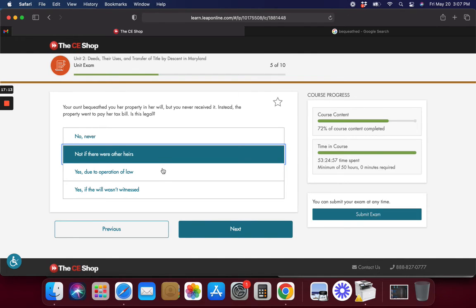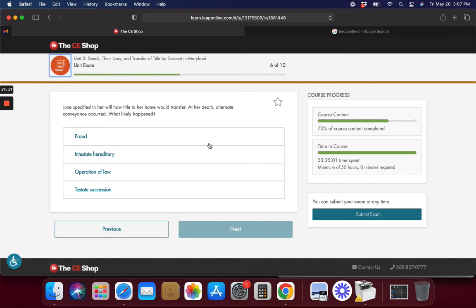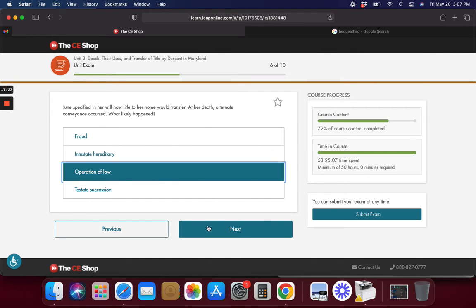I don't think so, if she put her in the will. All right, June specified in her will how title to her home would transfer at her death. Alternate conveyance occurred. Operational law likely happened.